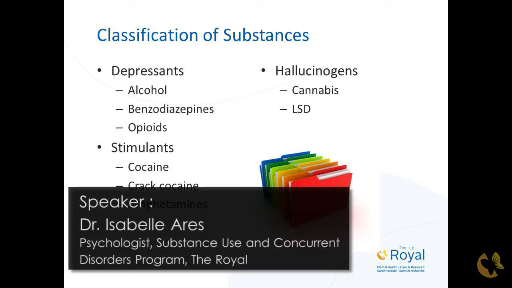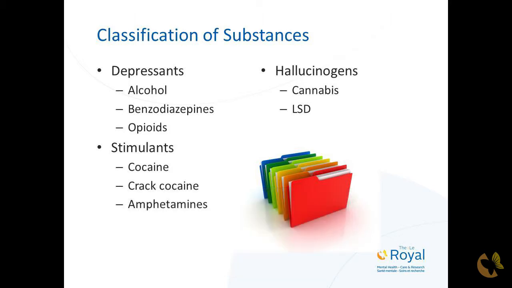Hi, so this might be your more educational didactic piece where I'm talking about what different substances are. I'm just going to classify them as depressants, stimulants, and hallucinogens. In the class of depressants, what you have are substances that reduce your central nervous system, which helps control heart rate, your breathing, your blood pressure, and so on.